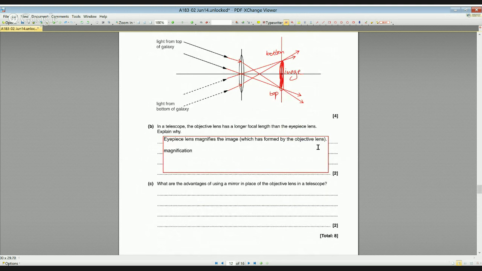Magnification equals focal length of the objective lens divided by the focal length of the eyepiece lens.